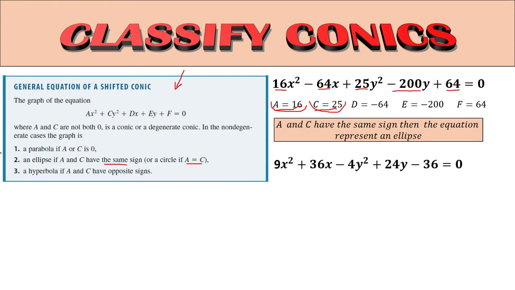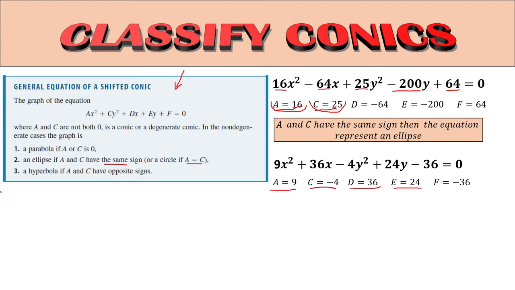Another example. We need to find the values of A, C, D, E, and F. The value of A is 9. The value of C is -4. The value of D is 36. The value of E is 24.